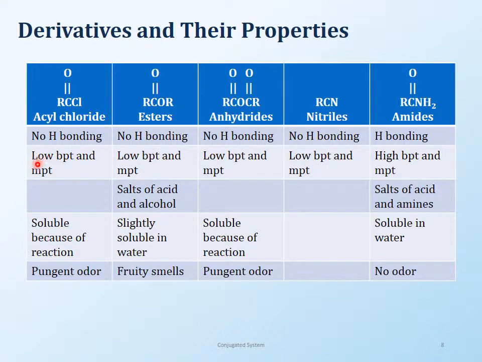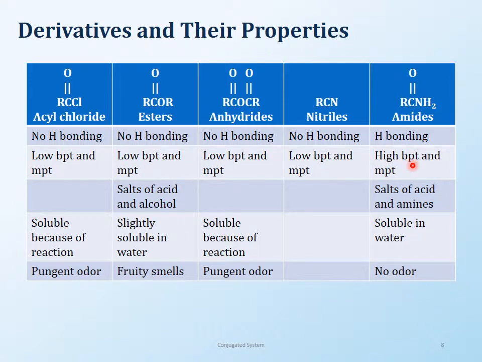So acyl chlorides, for example, have low boiling points, which means they all exist as liquids. They do have the high polarity of the carbonyl group. All of these are going to be liquids because of their high polarity. Some of them have a lower boiling point than others. Again, amides will be the highest, especially if it is NH2, because of hydrogen bonding. It depends on what kind of functional group you're dealing with and its size, but most of the time they will all be low boiling point liquids, and usually not very soluble in water.